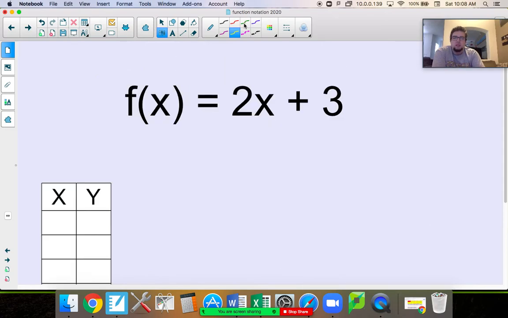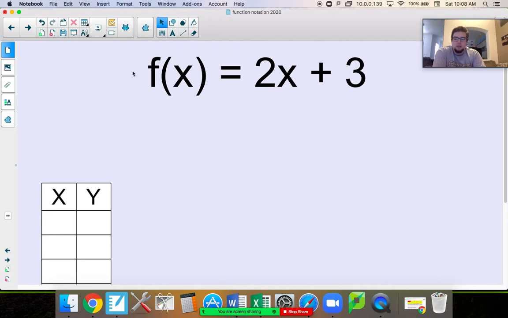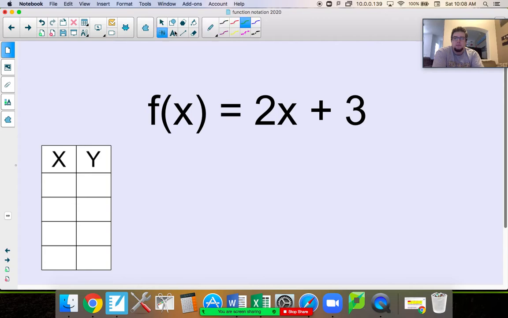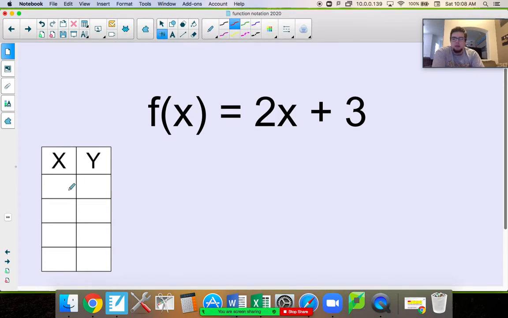How function notation works is you have your function with your rule, and we're going to plug in any input value that we want. So with this table, I'm going to plug in a number, any number I want. Let's say 3. How our function notation uses this 3 is like this.